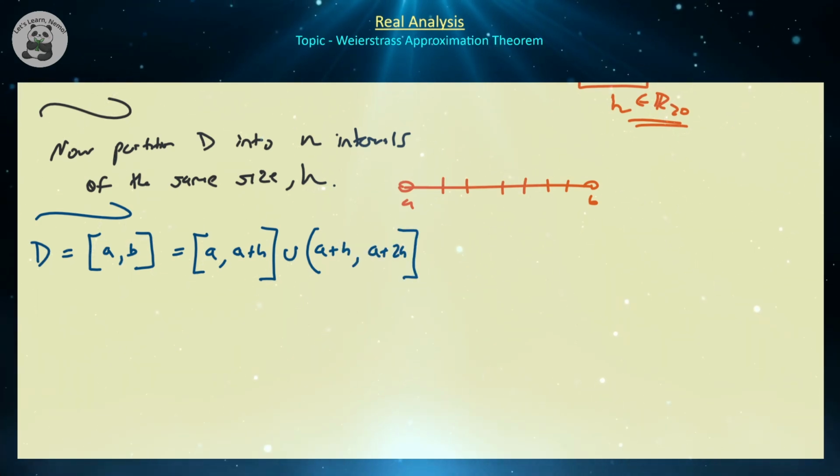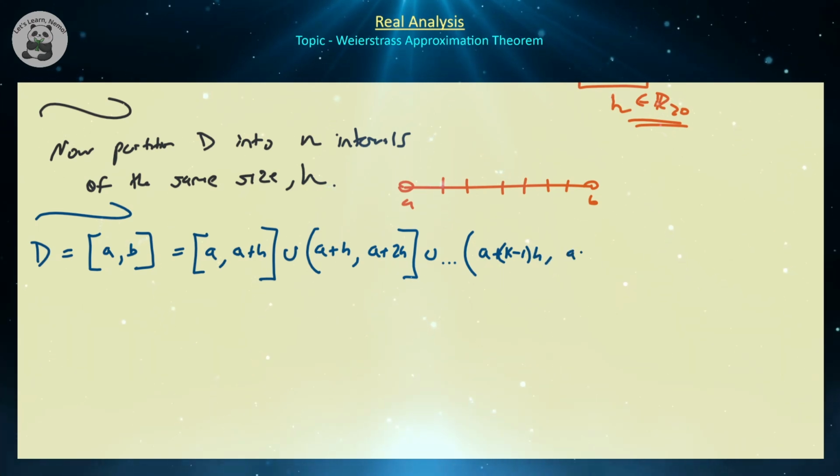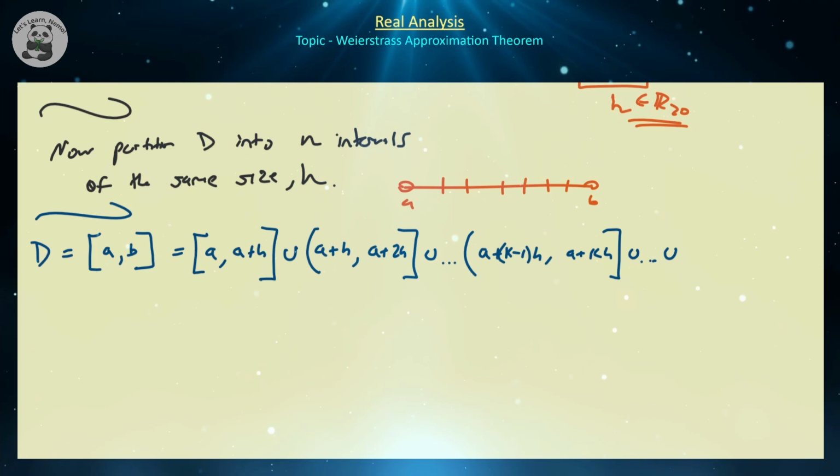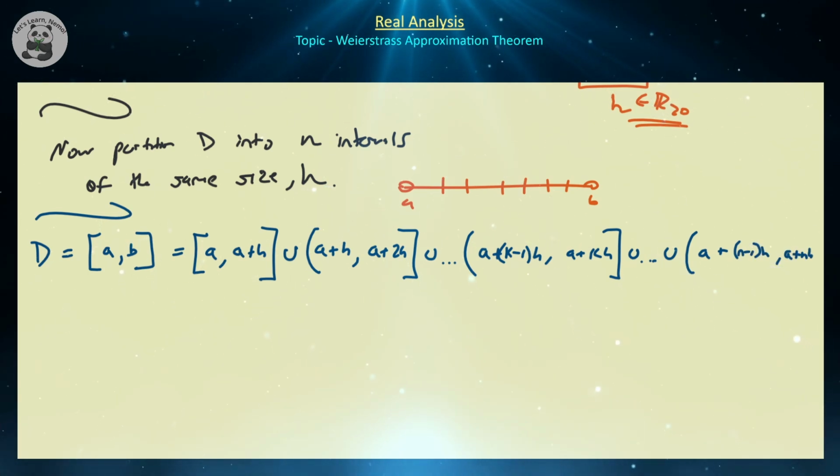and the rest. And we're going to continue all the way down to A plus (k minus 1)h, then A plus kh, so that's the general term. And that's going to continue all the way down to the last one. And what will be the last one? Well, the last one will be A plus (n minus 1)h, and then A plus nh.